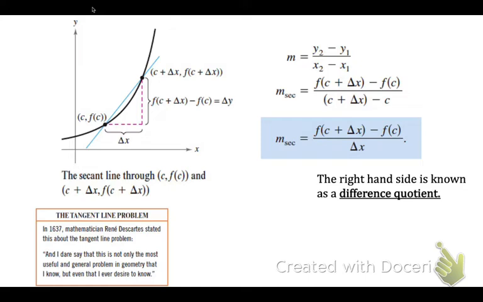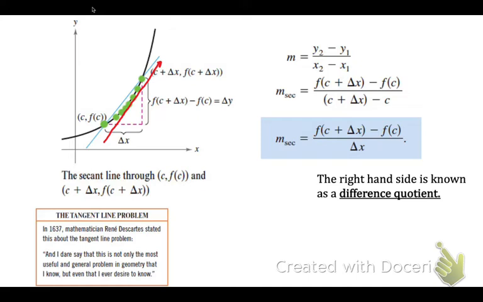We don't want average rate of change, because on nonlinear things, average rate of change does not do me a whole lot of good. Our goal is to bring these two points that we start with closer and closer until we get to not a secant line, but a tangent line. So that's what we're going to be working on.